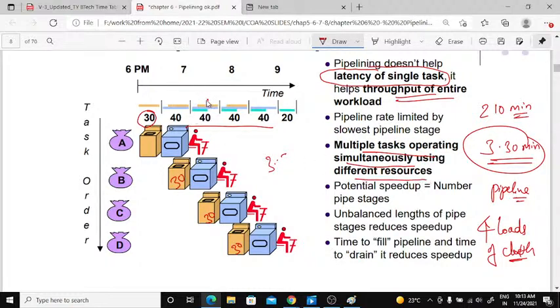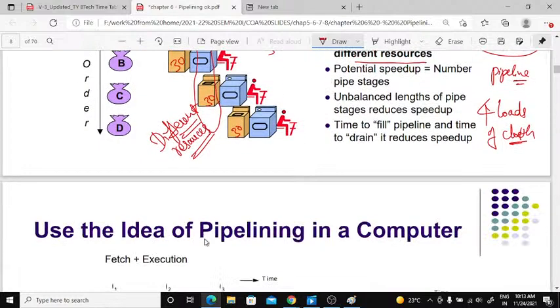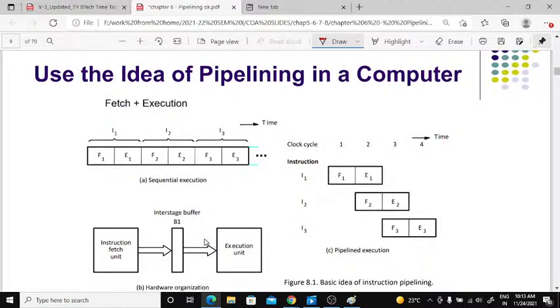Here multiple tasks are operating simultaneously, using different resources. So the idea of pipelining in computers, the same we apply.